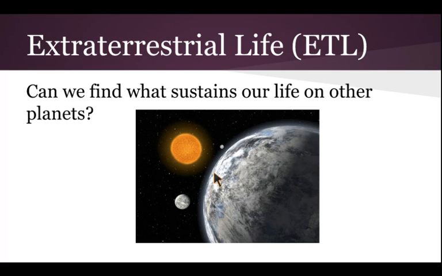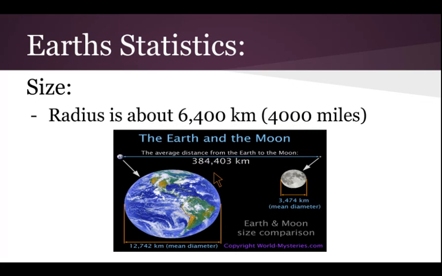So the question becomes, can we find what sustains our life on other planets? Is there extraterrestrial life? Life outside of Earth? So let's look at what we have on Earth, and then we're going to compare it to a couple of other planets over the next couple of days. So some statistics or some facts about Earth.